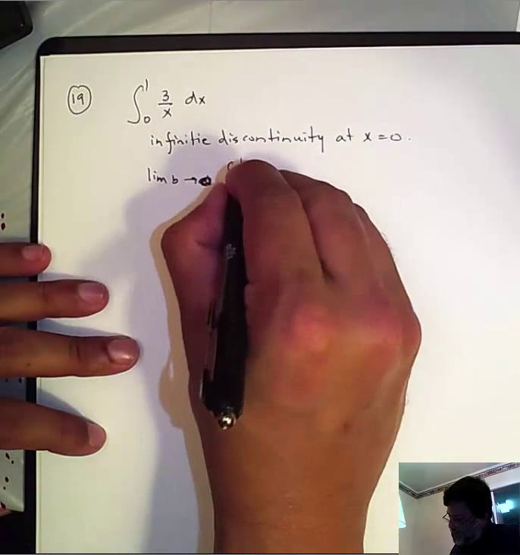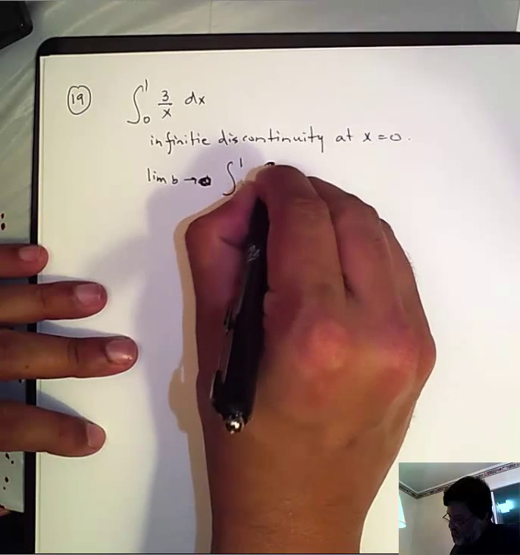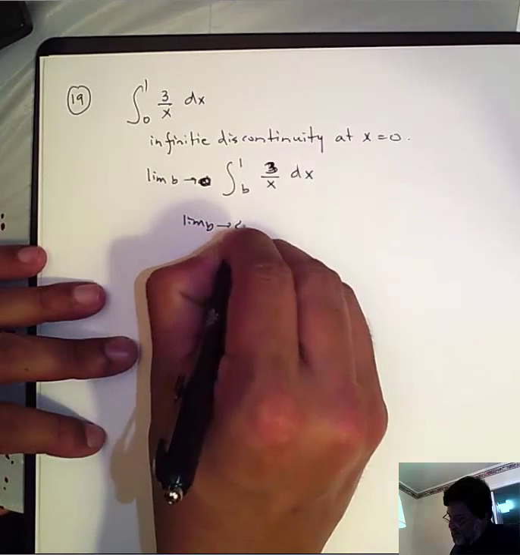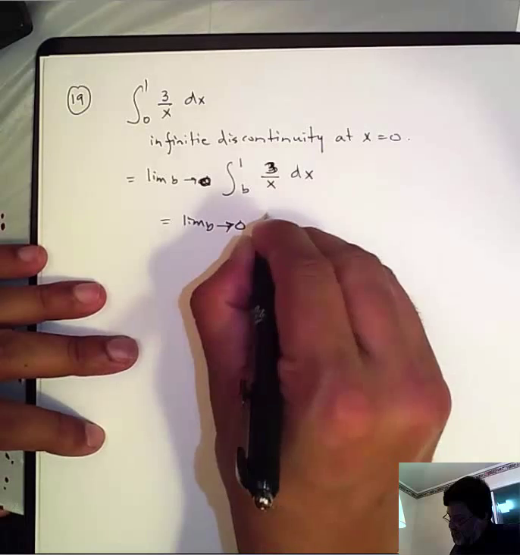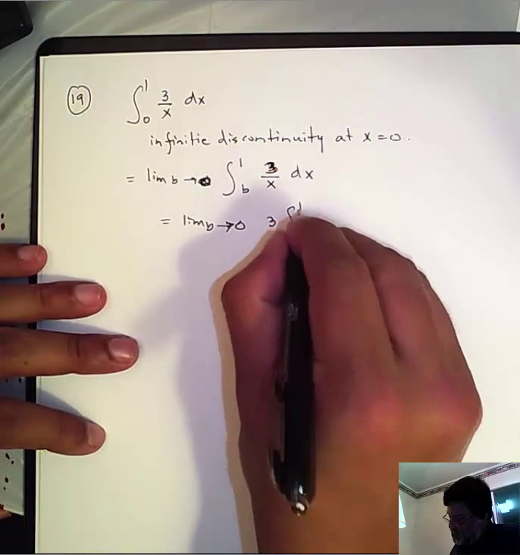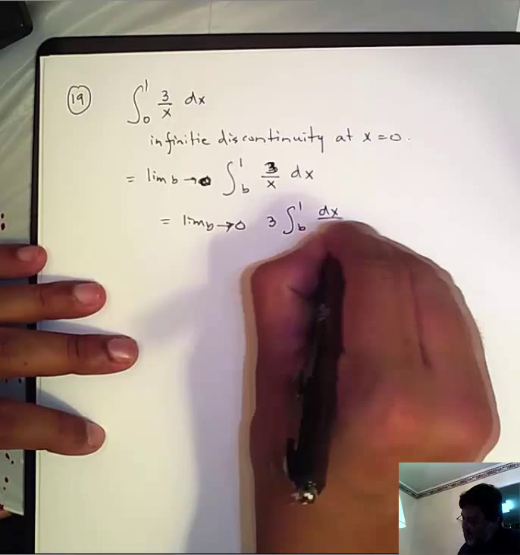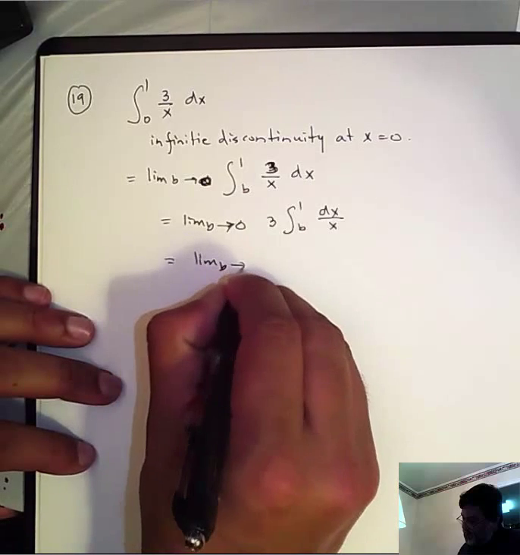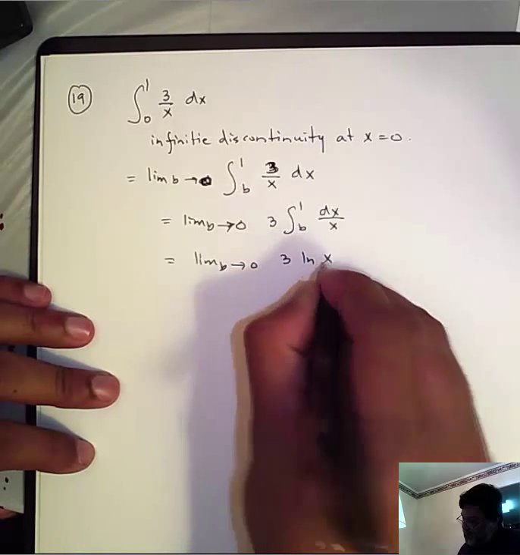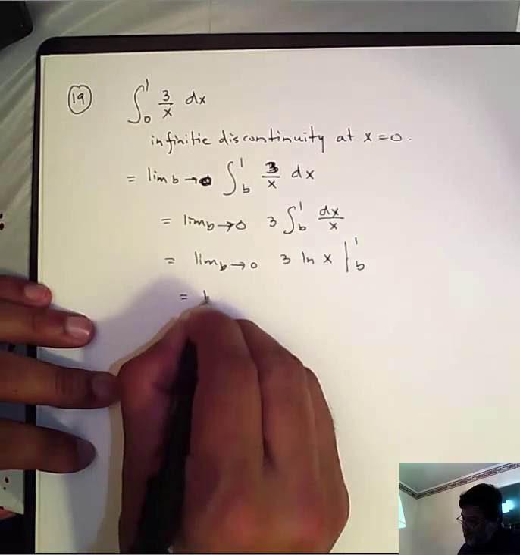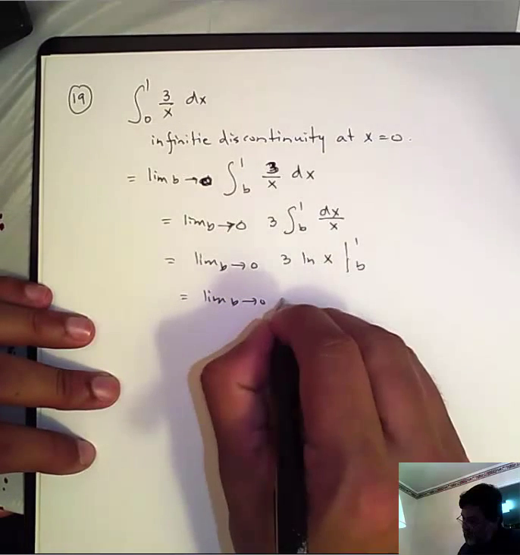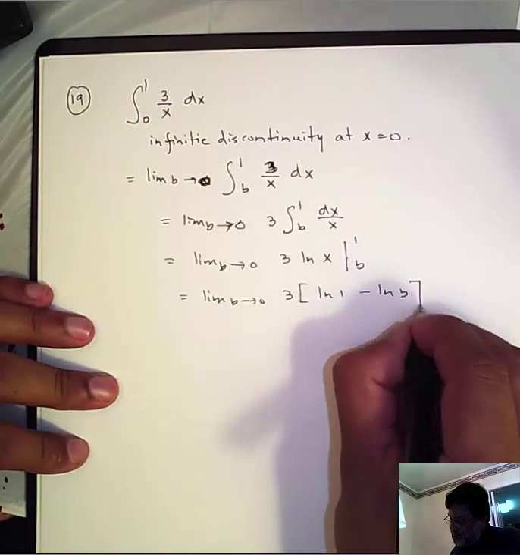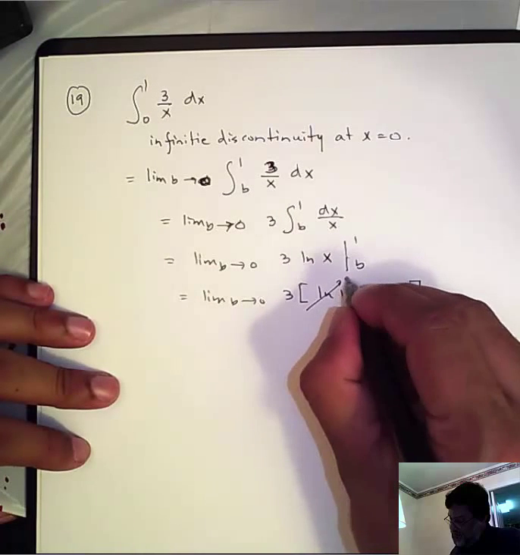Zero. What's the integration? What's the integration of dx over x? Right? So this one is 0.